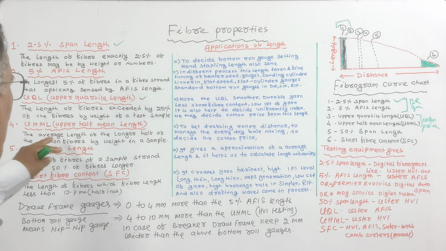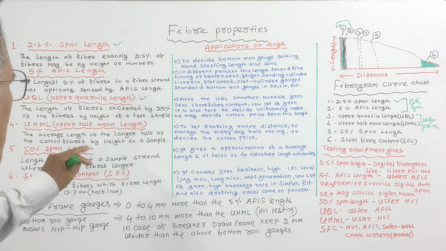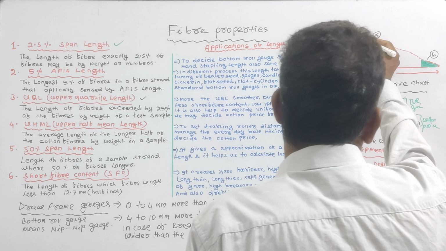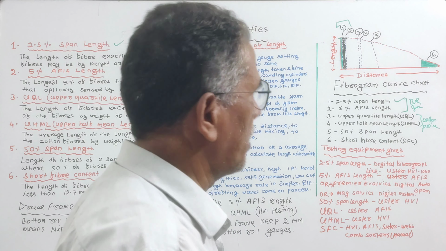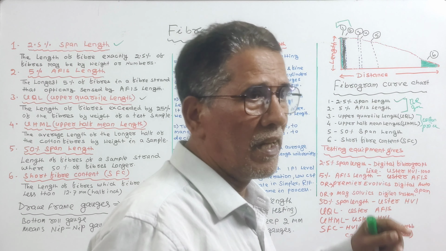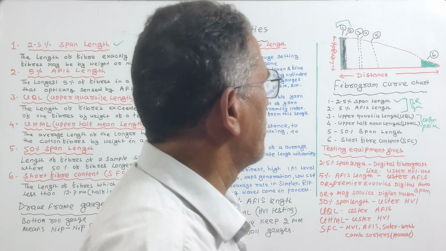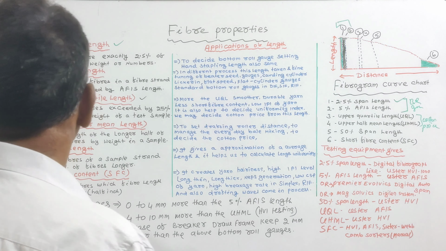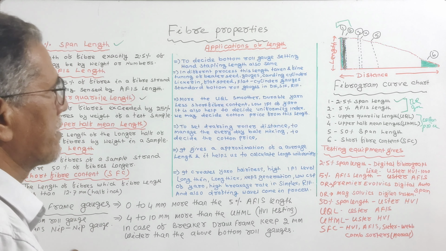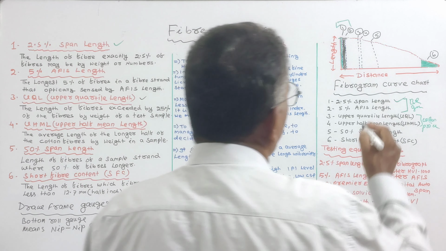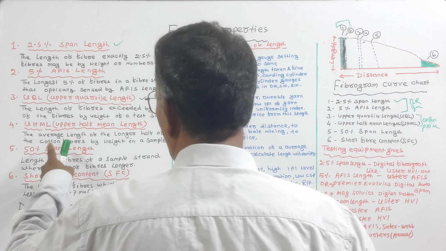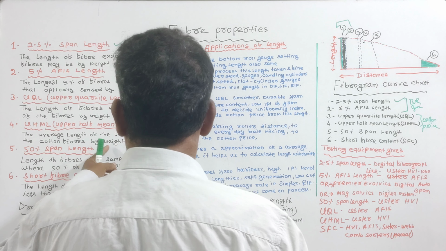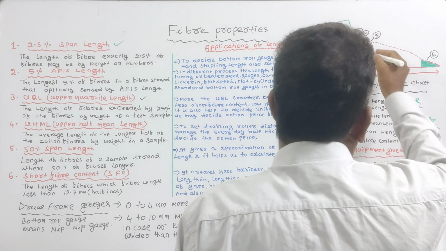UHML, the average length of the longer half of the cotton fibers by weight in a sample. UHML is number 4, and you understand one thing, UQL length is slightly more than UHML. UQL comes from the Office machine, UHML comes from the SBI machine, and UHML means the average length of the longer half of the cotton fibers by weight in a sample.